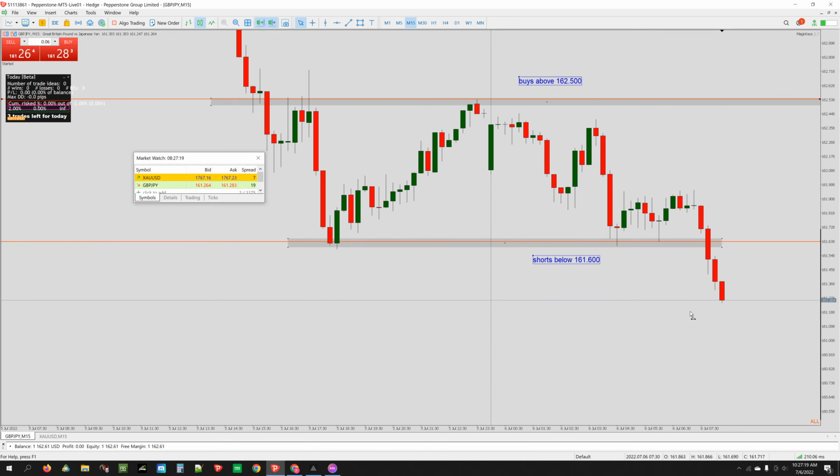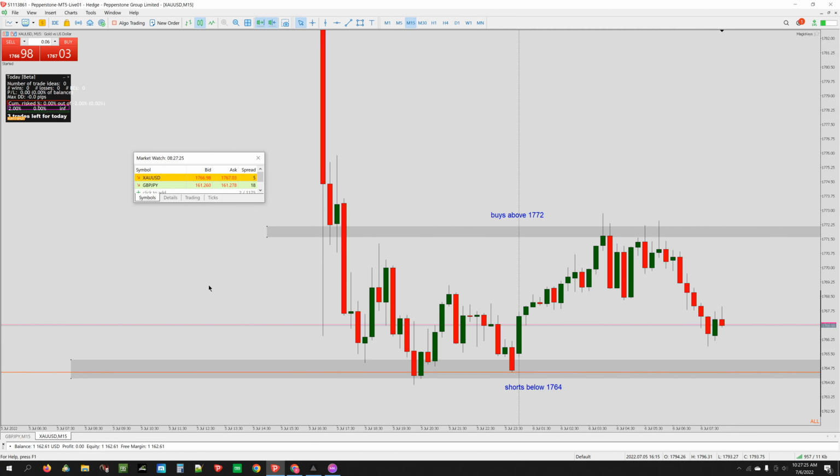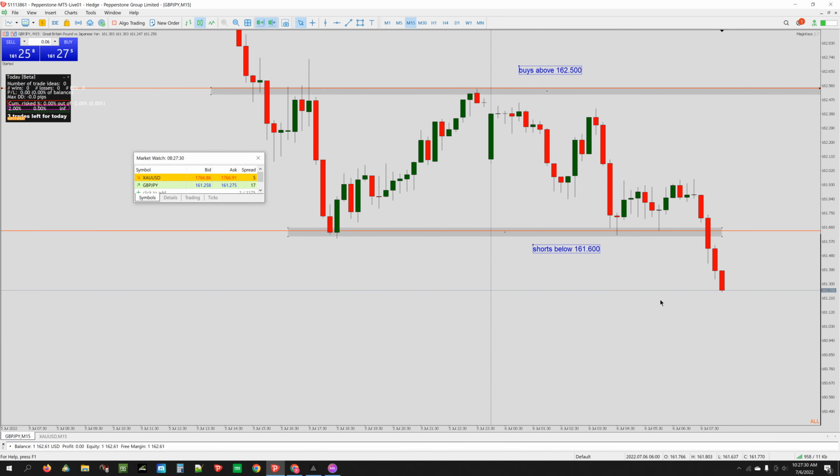There is still very high probability for prices to keep pushing down. Gold, we are just waiting for it to break outside of the consolidation, but GBP JPY is showing us some sort of volume. I still believe we can keep pushing down, but that's not the whole point. The point is how we can execute on this trade as per our trading plan. That's the whole question.